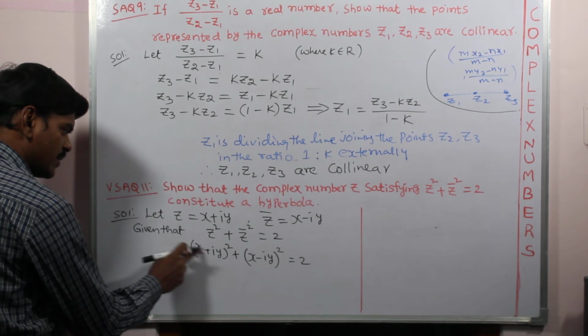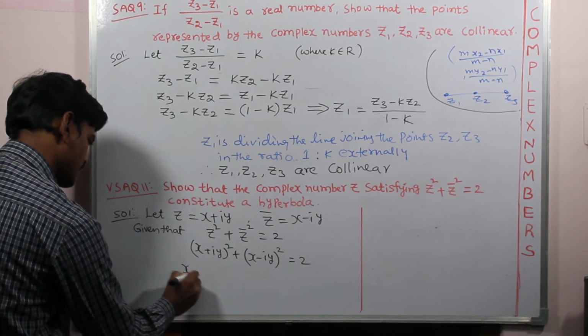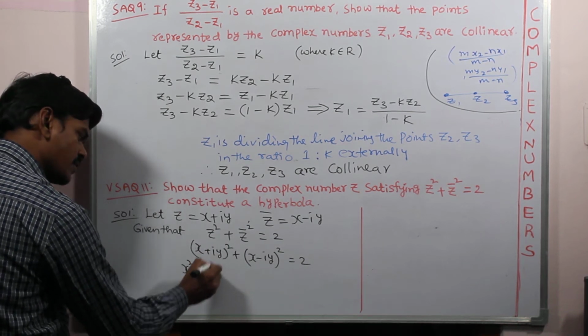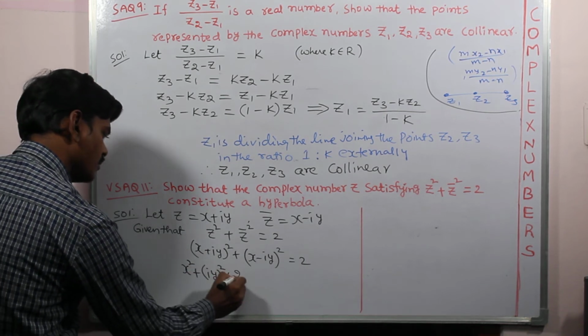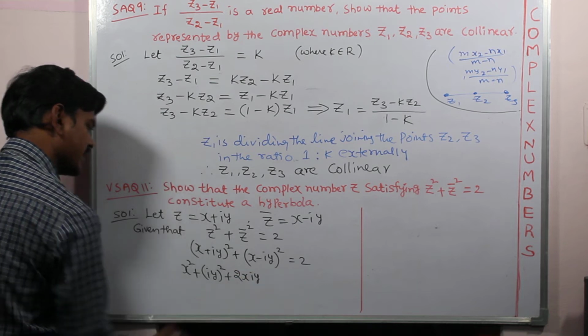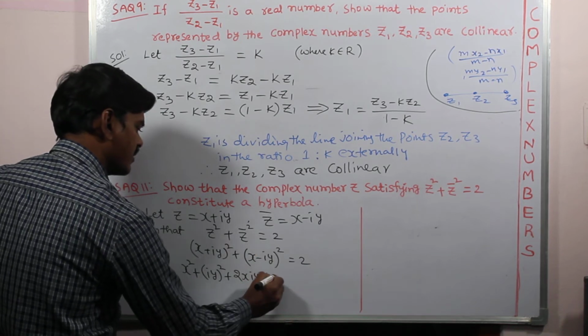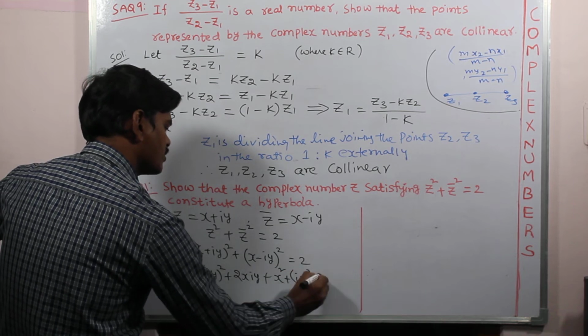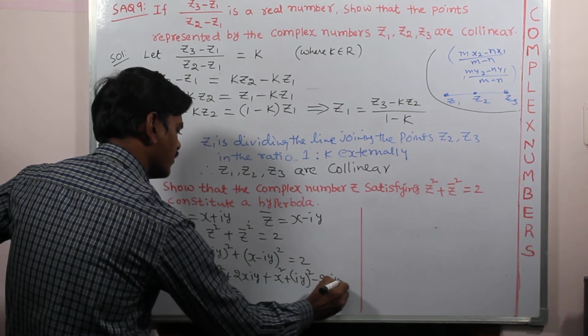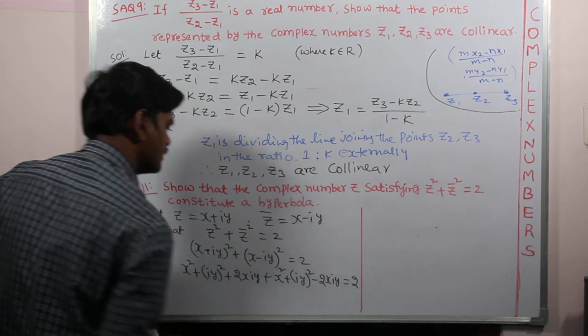Now simplify. A plus b whole square formula: a square plus b square, b is iota y, whole square, plus 2ab, 2x into iota y, plus a minus b whole square formula: a square plus b square minus 2ab, minus 2x iota y, that equals 2 as it is.